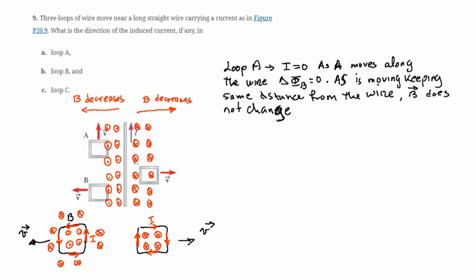Outside the loop, due to this current, the magnetic field is now just leaving the plane. So remember, what I am representing here in red is the magnetic field. Okay? And of course, the arrows are for the current. So this is what happens in this case.